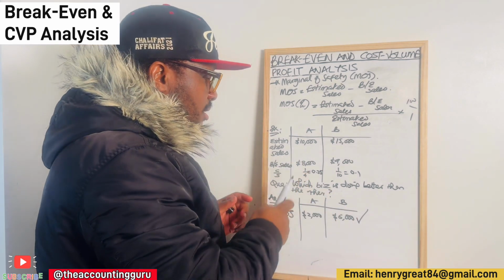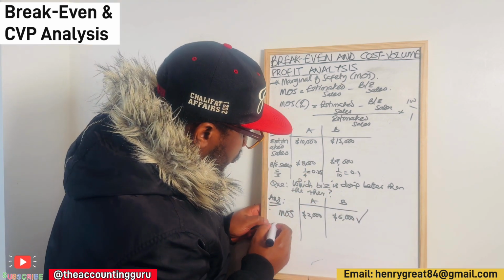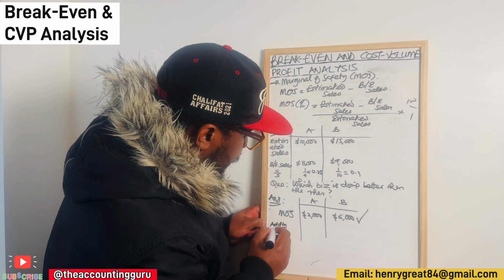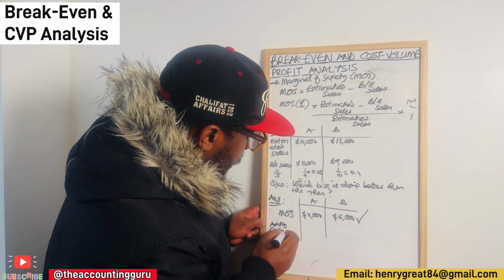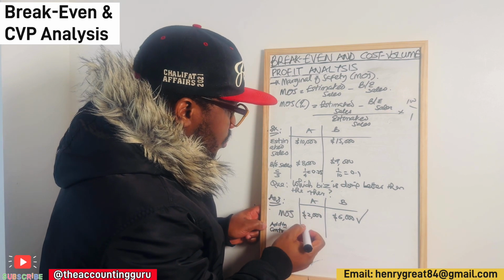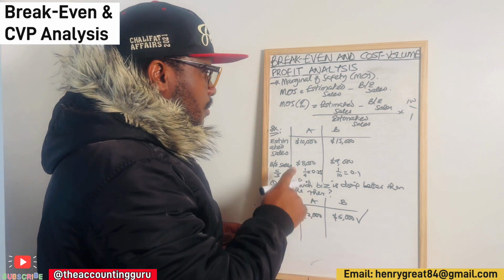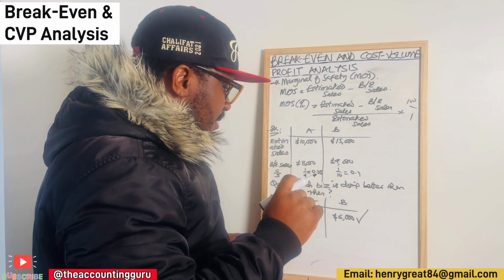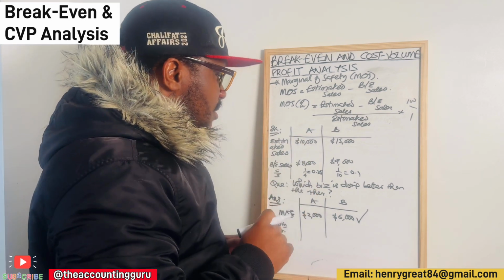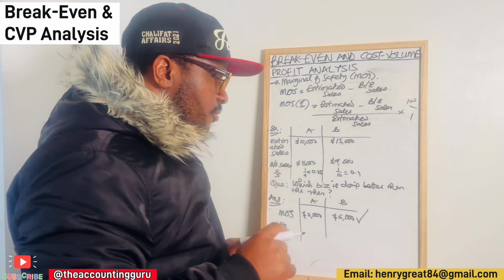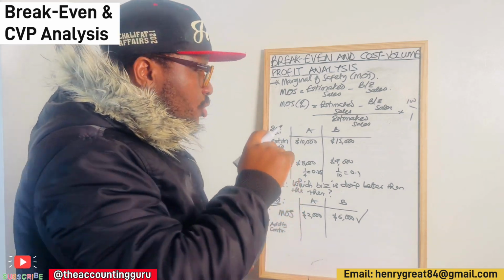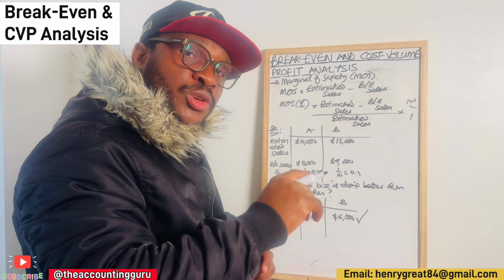dollars, all right? So the extra or additional contribution for business A would be what? It would be the extra sale of $2,000 times 0.25. Please confirm that. The extra sale of $2,000 times 0.25.